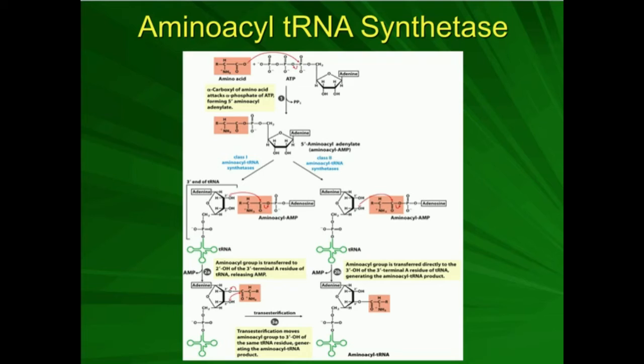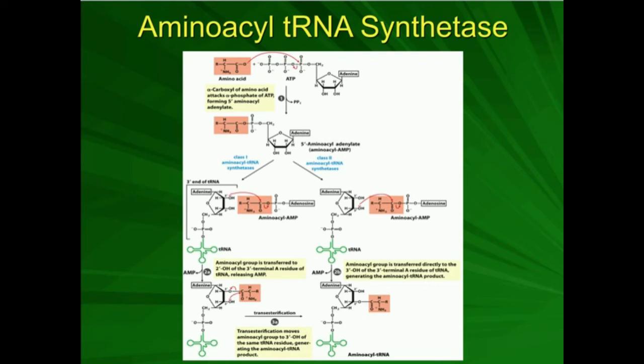Now, we have two classes of aminoacyl tRNA synthetases. All right, one of them, which is the class 1, is actually initially going to add the amino acid onto the 2' OH. The class 2 aminoacyl tRNA synthetases add it directly onto the 3'. So let's look at it first with respect to adding it onto the 3'. We'll look at the class 2 first.